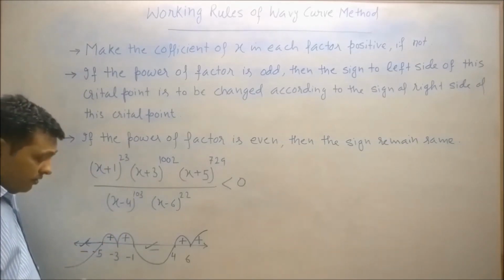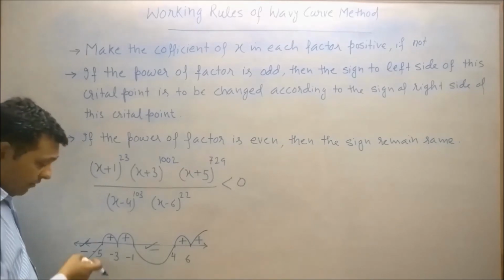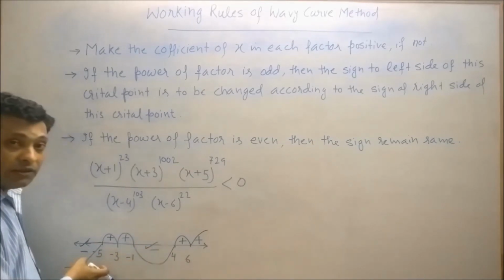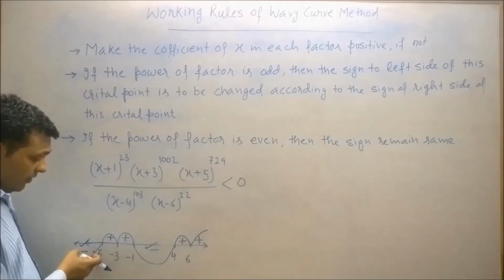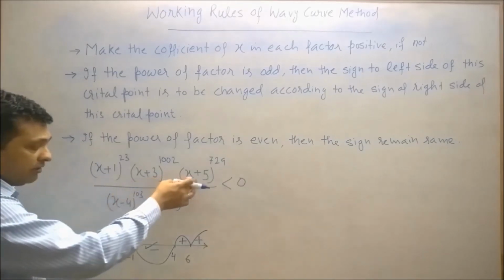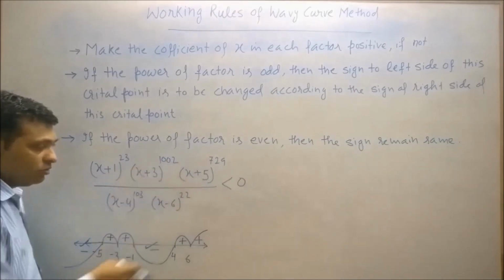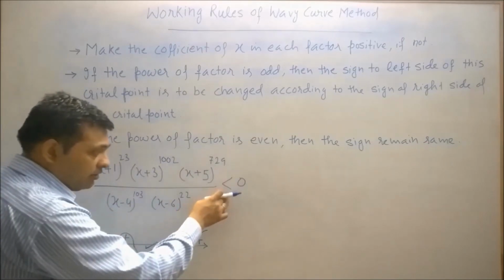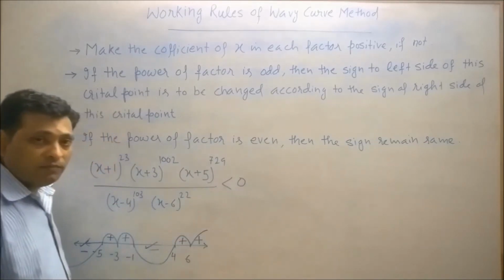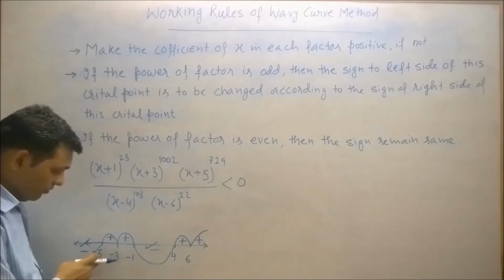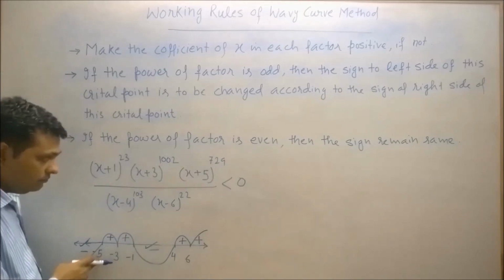So now we have to check all these critical points also. If x equals minus 5, it makes the numerator 0. But here the sign of equality has not been given to us. So x cannot be equal to minus 5.